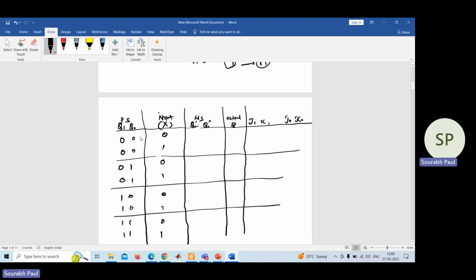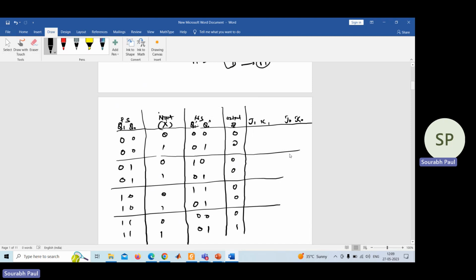From here you had A meaning 00, here you had B meaning 01. So I'm replacing the values only. You can check the values. Then the output values were this, and the last one was 1.